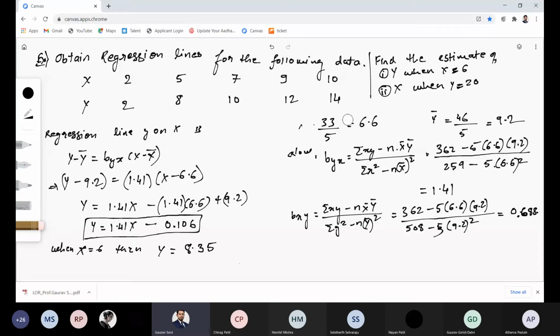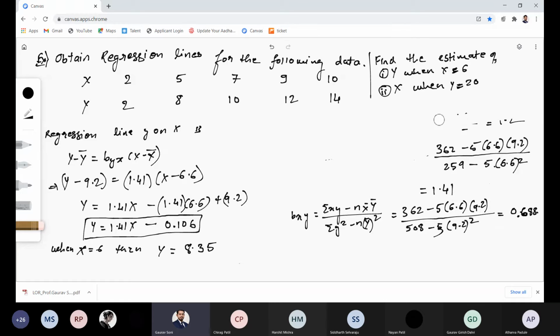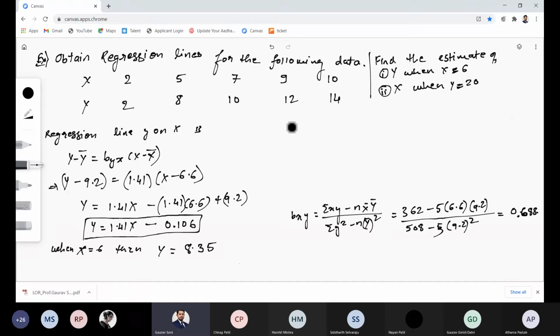Now, the regression line of x on y. A regression line of x on y is x minus x bar is equal to bxy into y minus y bar.